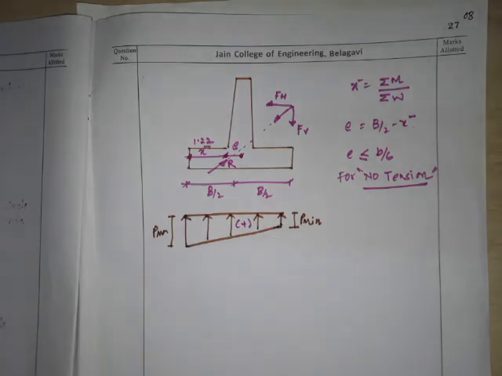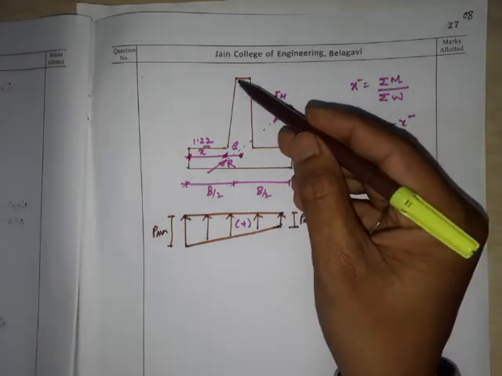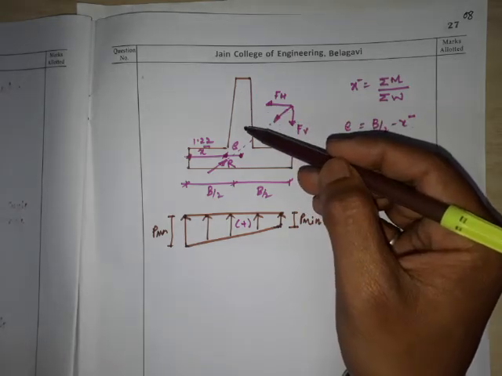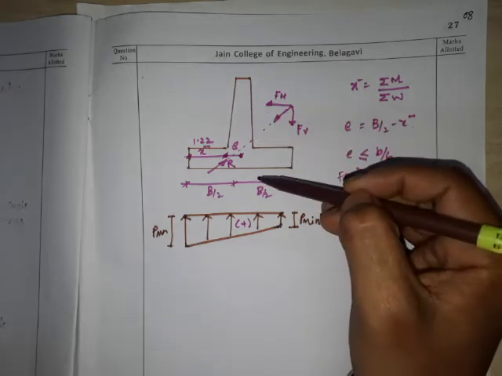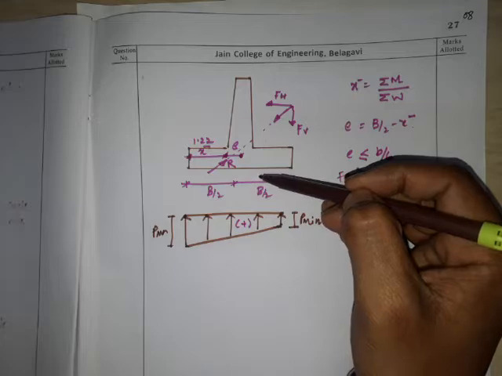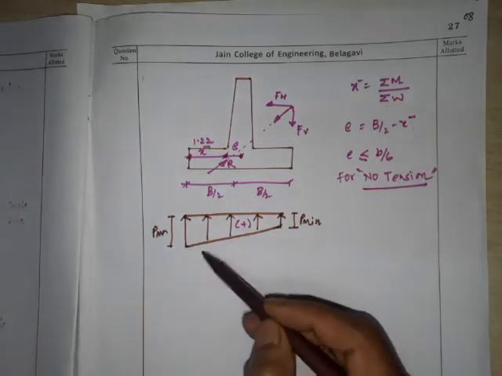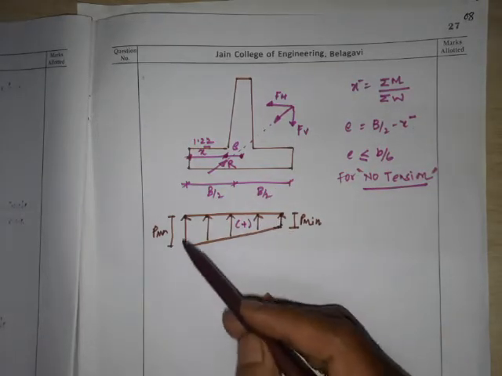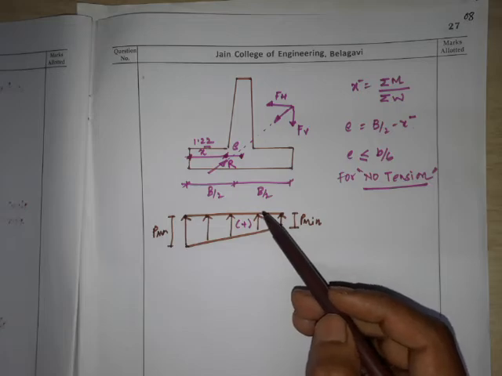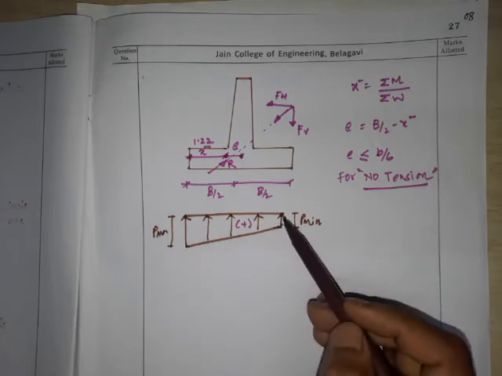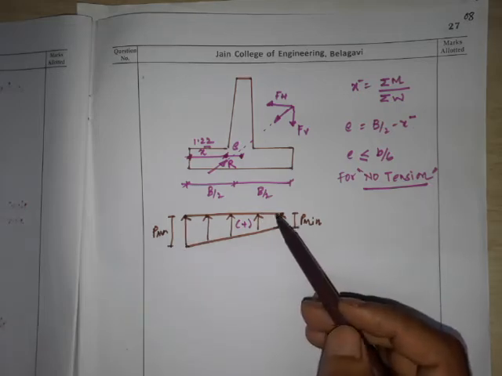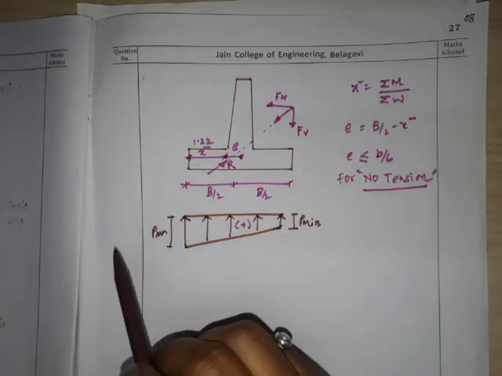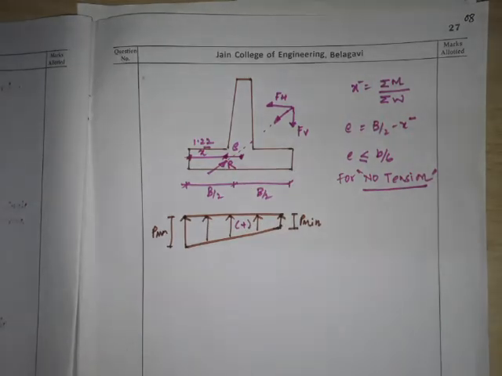Are you getting my point? Whatever load occurs through the retaining wall over the soil, the soil will develop the opposite reaction and it will develop the upward pressure, which is not uniform because of the eccentricity.